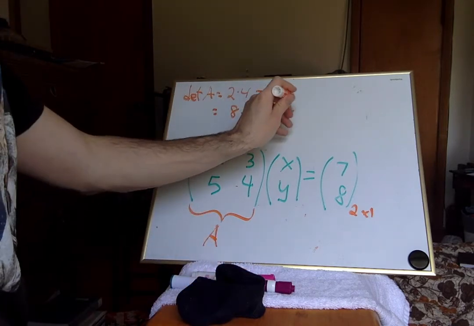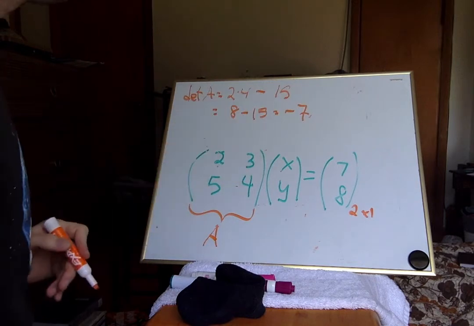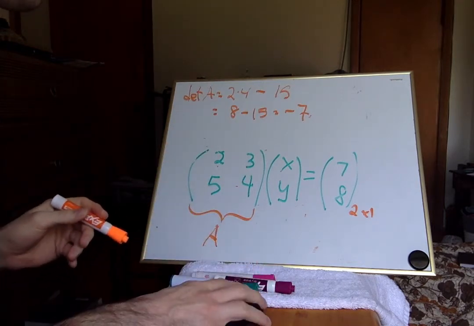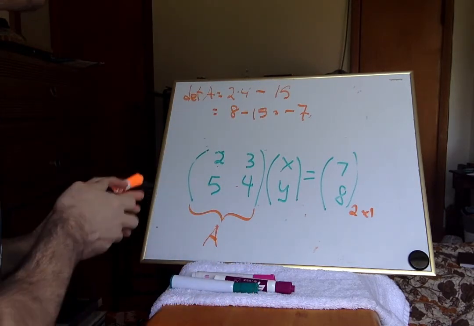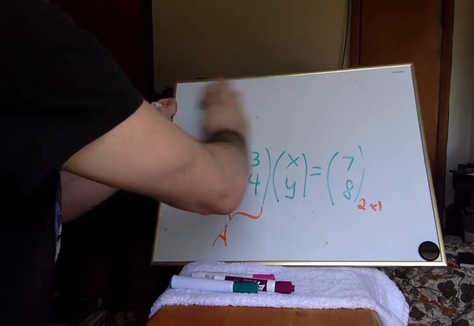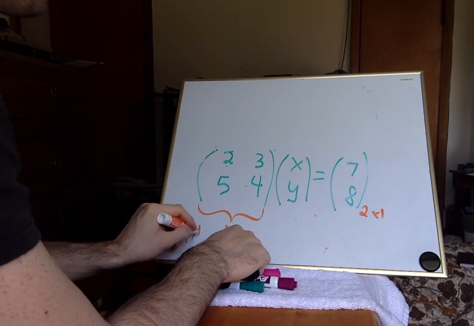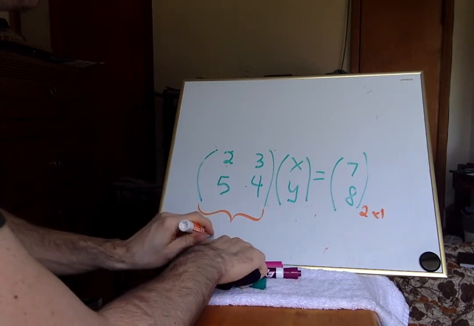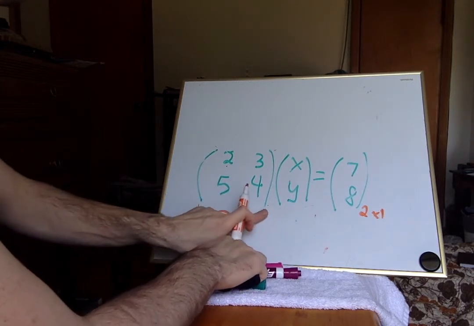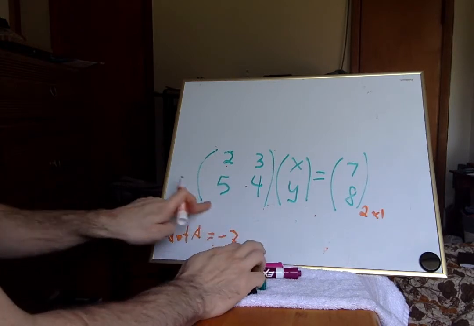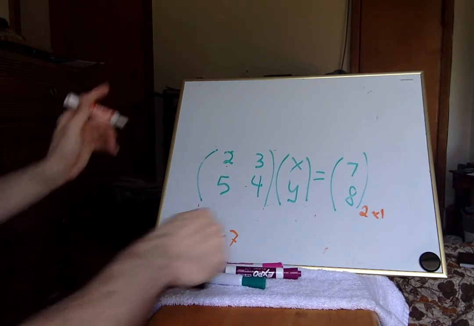Negative 7? Okay, so the determinant of A is negative 7. Great. This is very good.